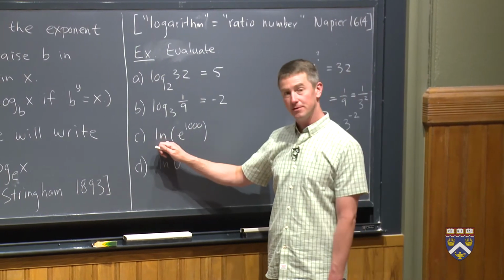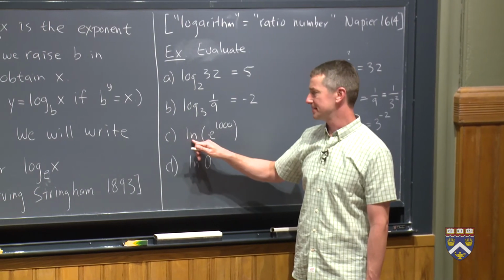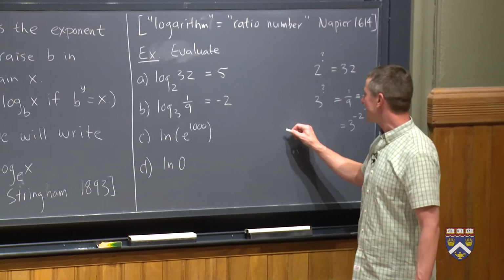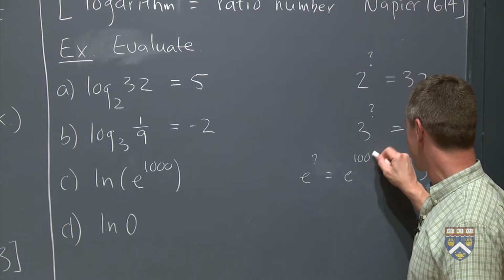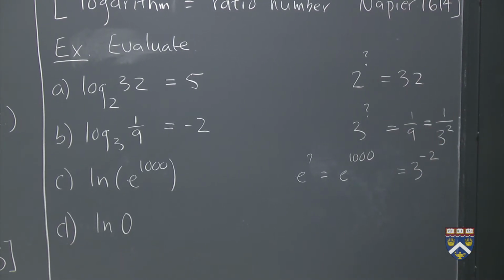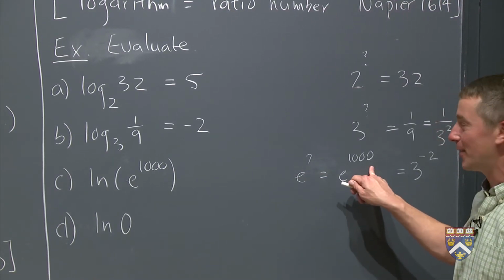Here we've got our special base. This is saying natural log, so this is the same as saying the log base e. So it's saying, what do I raise e to get e to the 1,000? And that's almost too easy, you might say. What do I raise e to so that I end up with an answer of e to the 1,000?